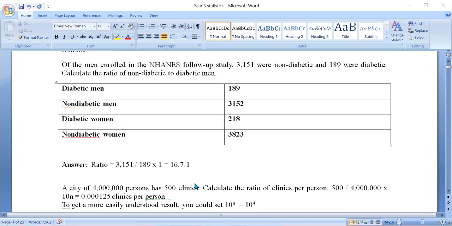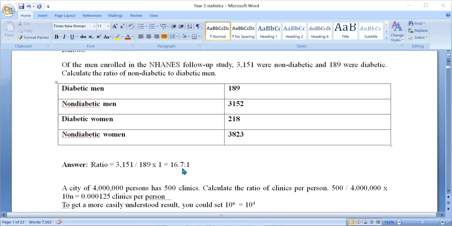So to describe the ratio, we will say that approximately 17 non-diabetic men participated. What we mean is that 17 non-diabetic men participated in the study per one diabetic man.